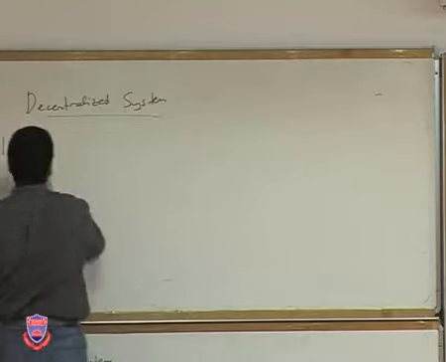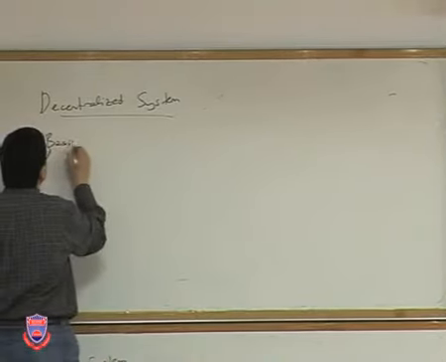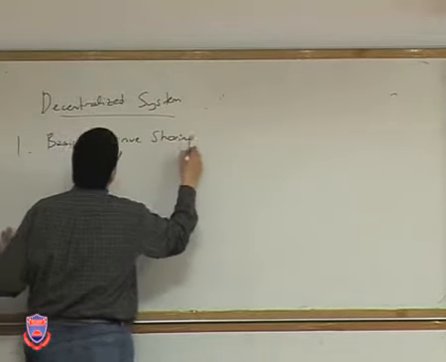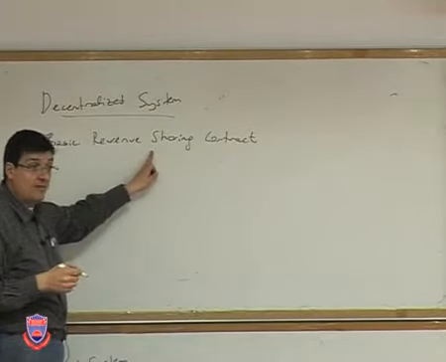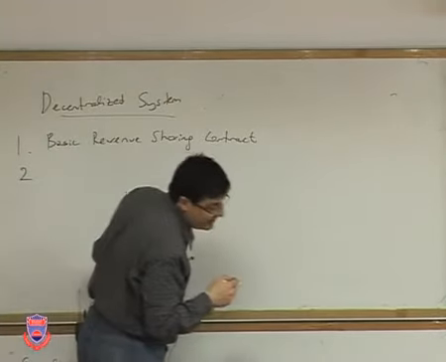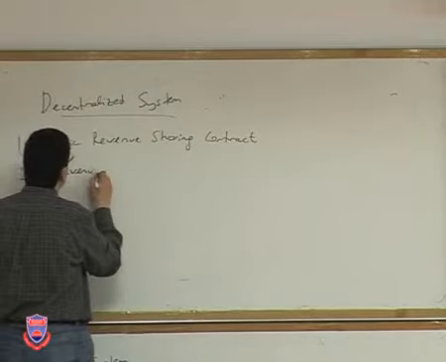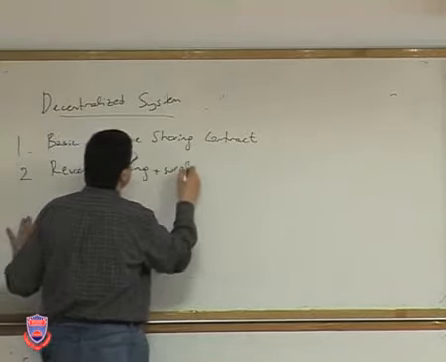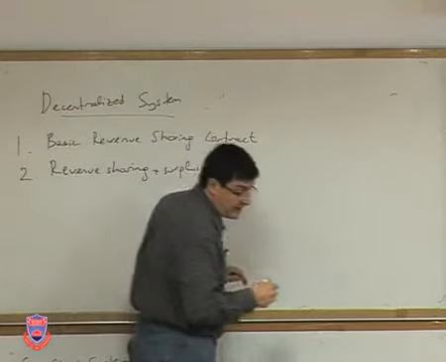Number 1, we're going to have the so-called basic revenue sharing contract. I will explain what I mean by revenue sharing. The second one is the revenue sharing contract plus surplus subsidy contract.